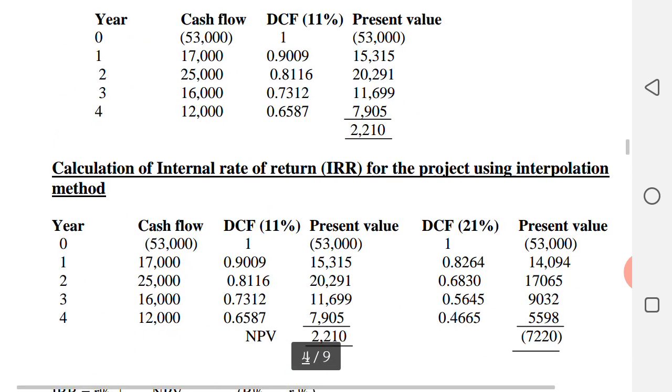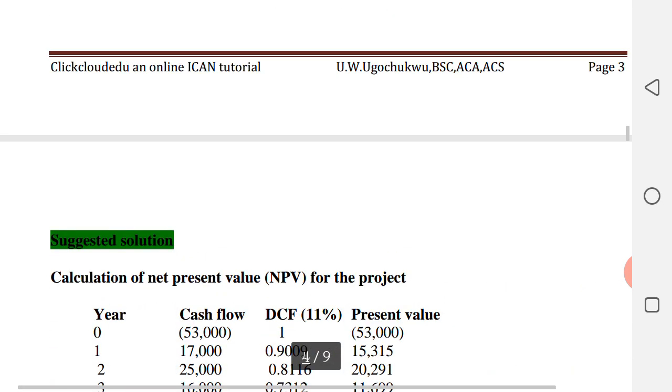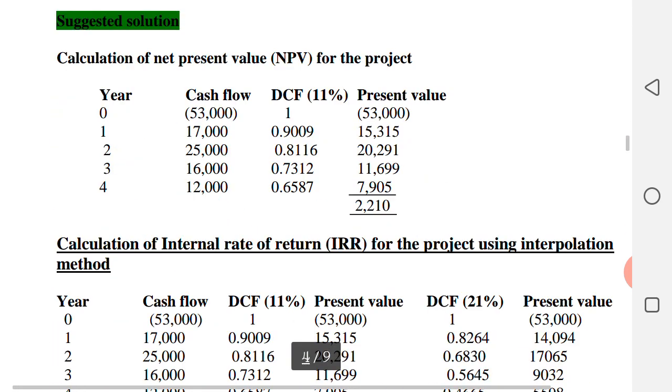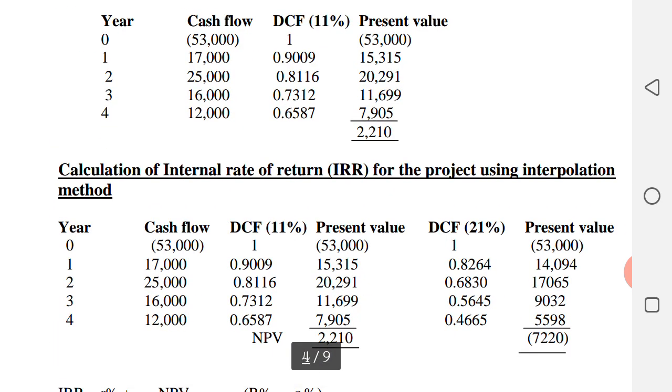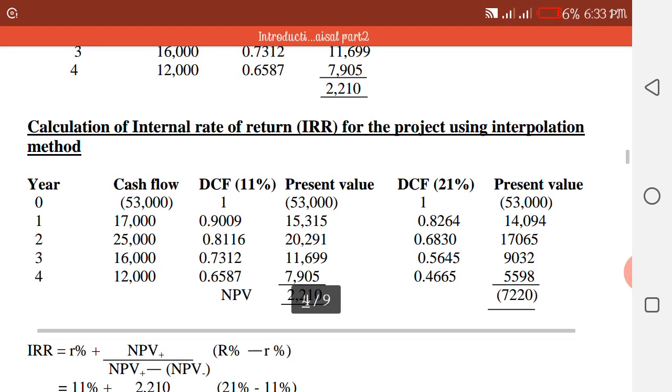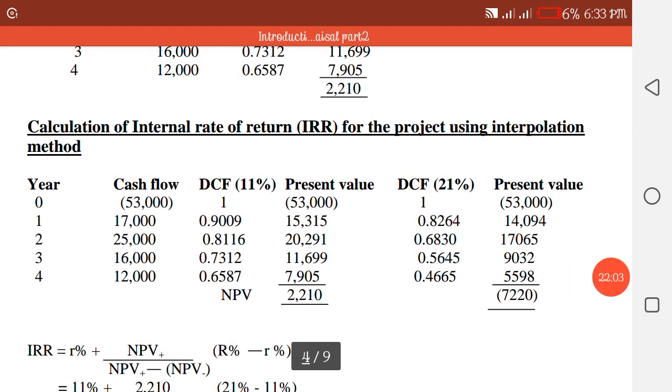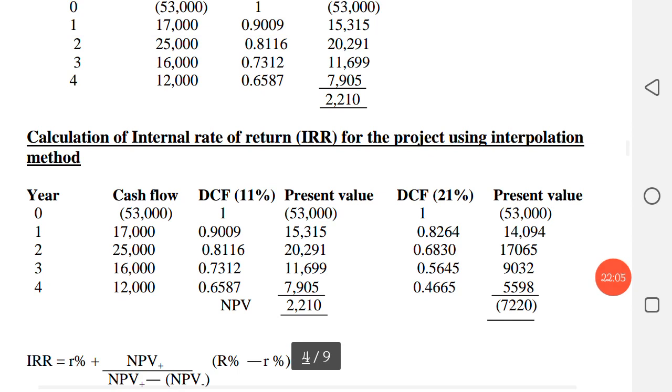But let's look at IRR. Let's calculate part B, the IRR of the project. We look at the 11%, which gives the 2,210, which is positive.